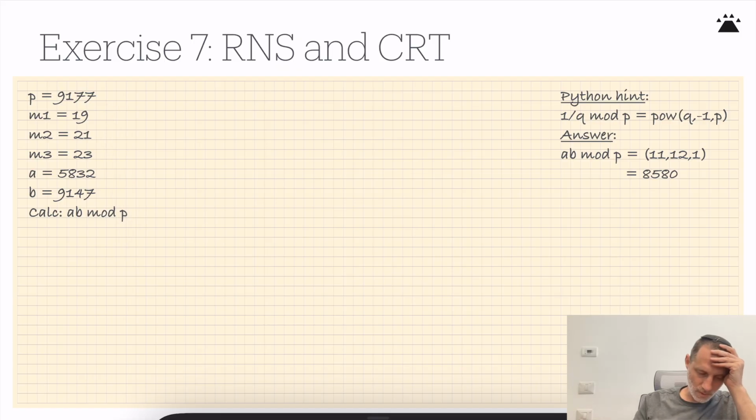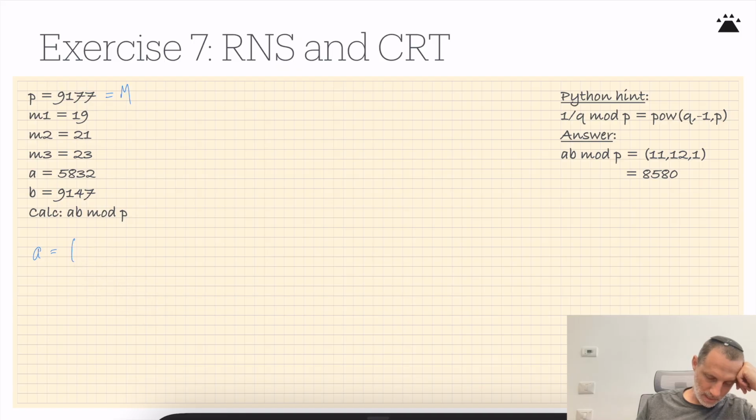This is what we used for big M previously, just to be consistent with our previous terminology. First, I'll represent A and B in RNS. That's pretty easy. I take A, which is 5832, and mod it by 19. I'm not going to compute it here, I'll just give you the results. It's 18, 15, and 13.